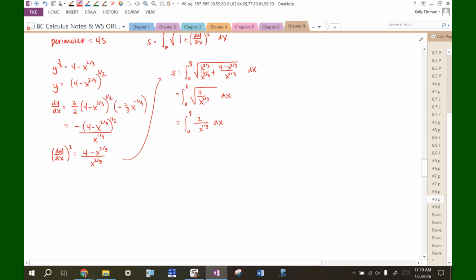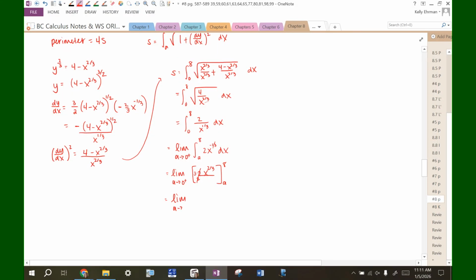And we can integrate this a little bit. So the limit as a approaches 0 from the right, which is an improper integration limit there, of the integral from a to 8 of 2x to the negative 1/3 dx equals the limit as a approaches 0 from the right of 2 times x to the 2/3 over 3 halves, so that's not there, from a to 8.